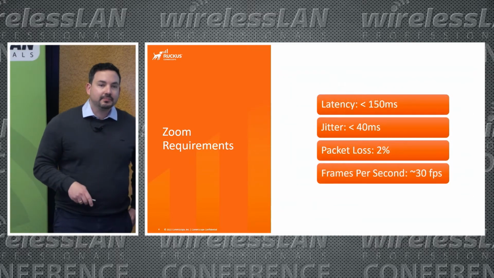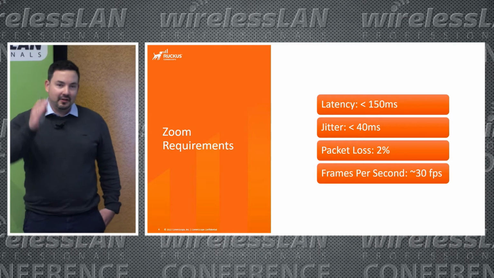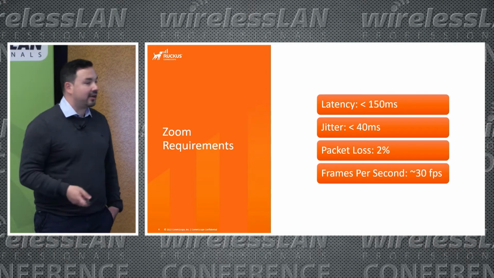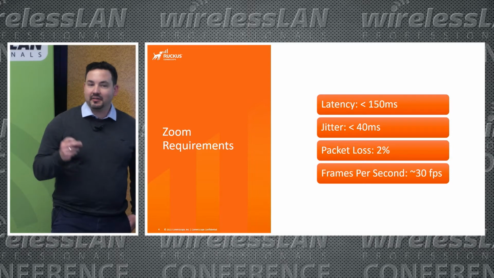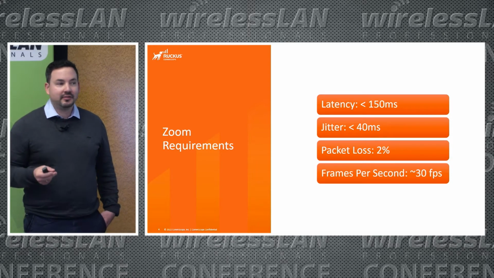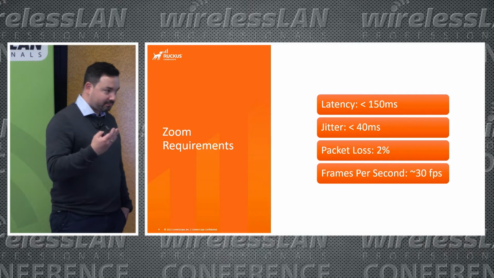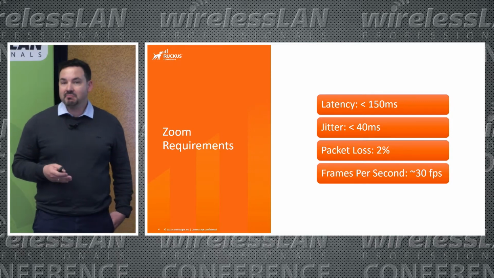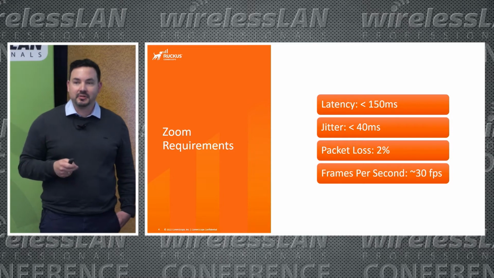There are some other things, also copied from the Zoom web page: latency, jitter, packet loss. We know these numbers, and they are quite familiar, right? When you design for real-time applications, voice over IP, exactly the same numbers are what you should have in mind.